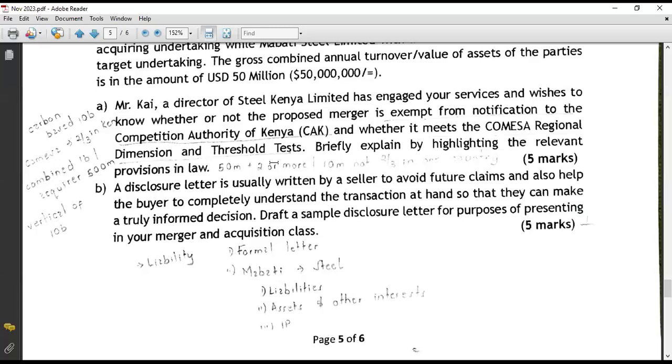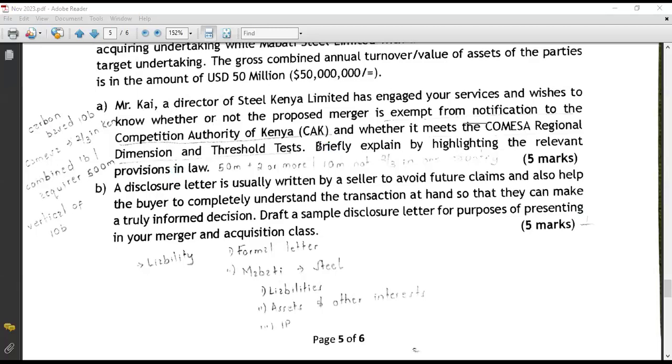First, within the local, and in this case the Kenyan one, it is the current market share within the sector.